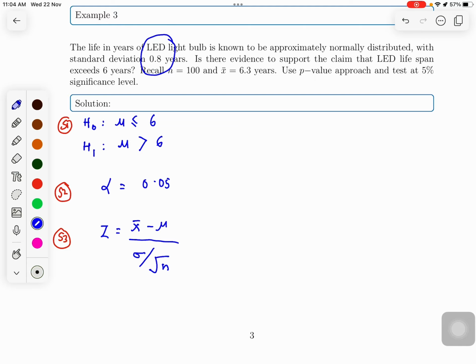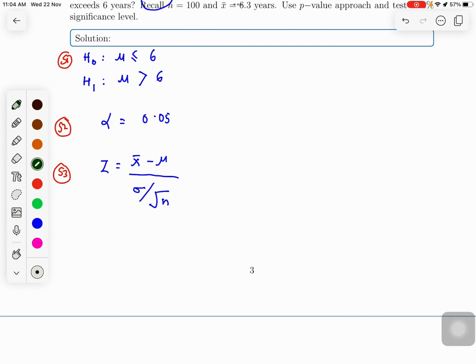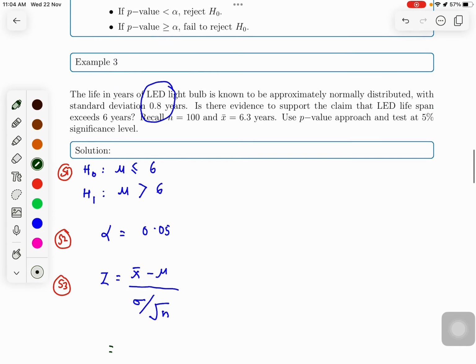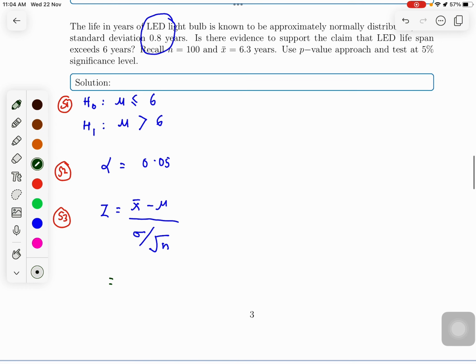So our x bar is 6.3 minus mu is 6 over sigma is 0.8 over square root of n is 100.